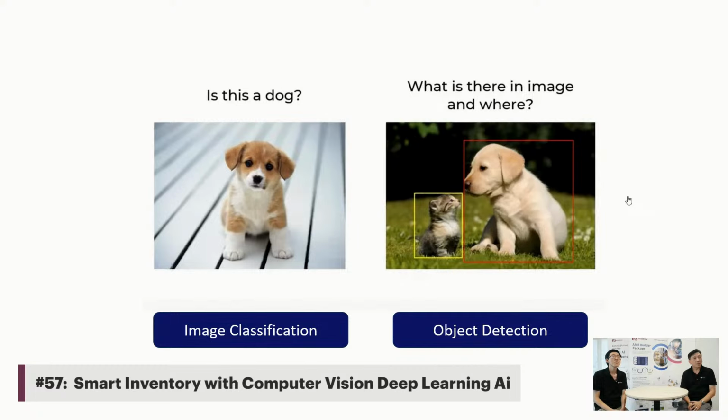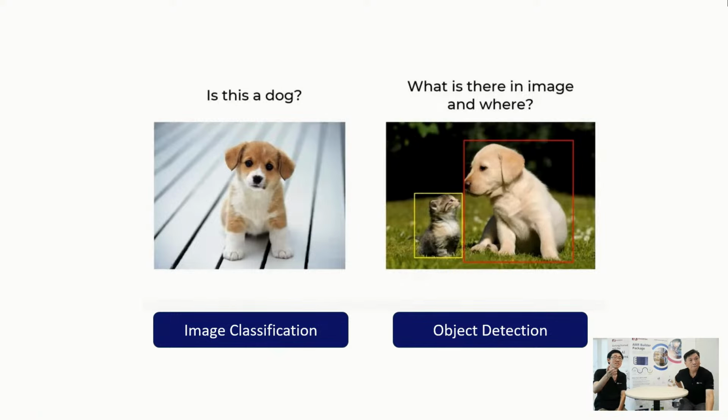Okay, so besides object detection, actually before object detection, we have image classification first, because classification is easier to achieve compared to object detection. When we talk about image classification, usually we want to identify what the object in the image is. For example, the question we ask is: is this a dog?